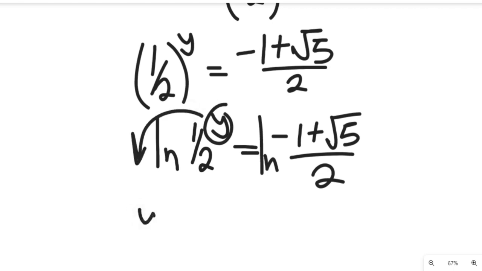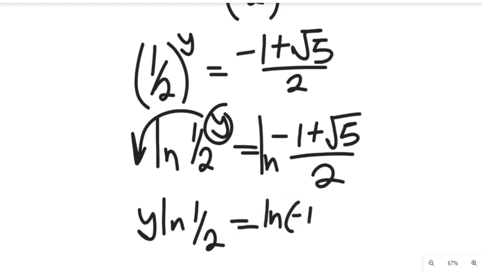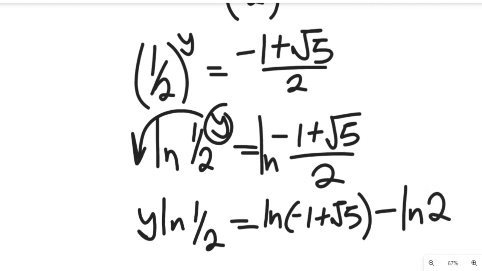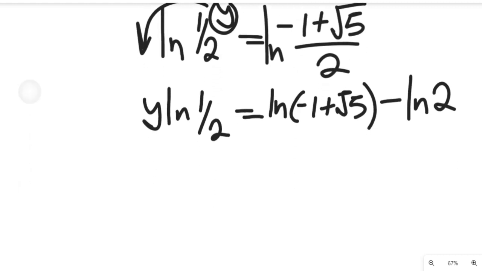So we'll have our y times the natural log of half to be equal to the natural log of minus 1 plus square root of 5, minus the natural log of 2 according to the division law of logarithm.